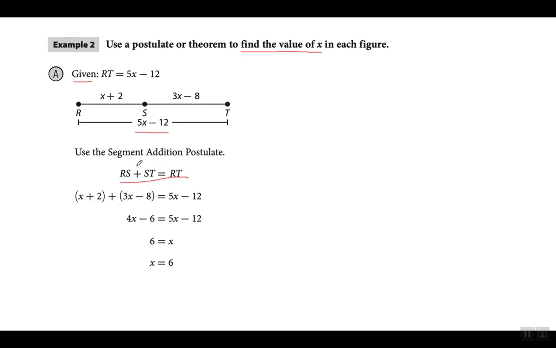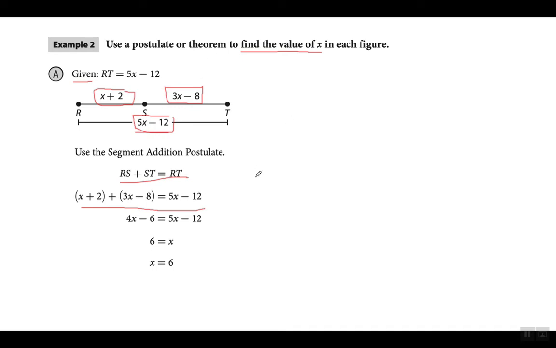RS plus ST has to equal RT. And then right here, they're just substituting. The length of RS is this, plus the length of ST, which is this, has to equal the length of the entire thing, which is this. That's how they set up their equation.